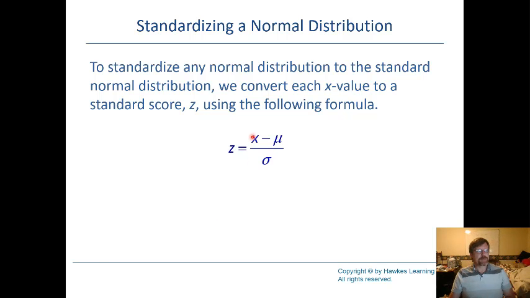In essence, we take the value, we subtract off the mean, and we divide by the standard deviation, and that becomes our standard score, or z.